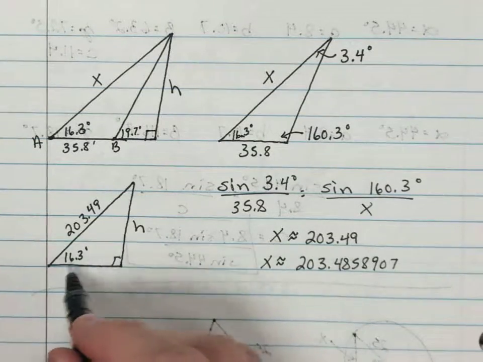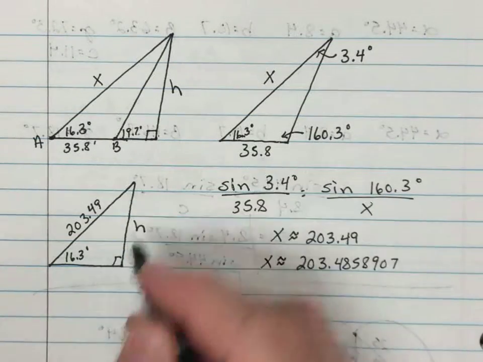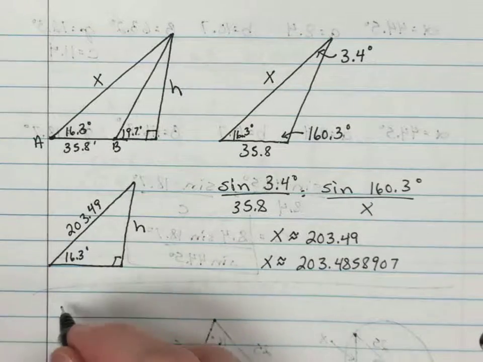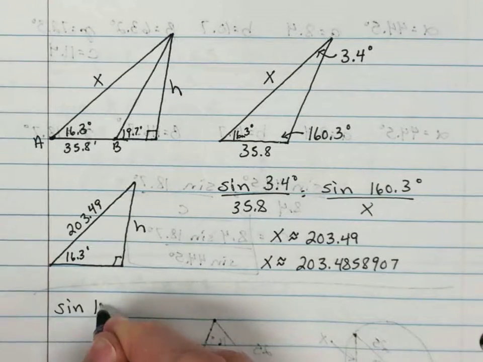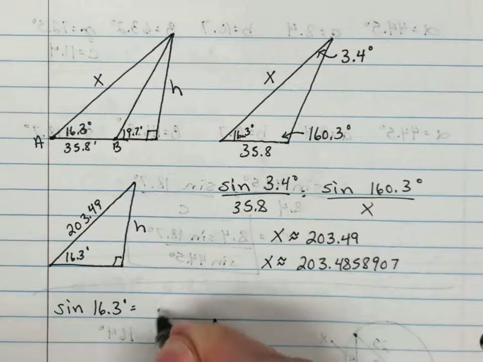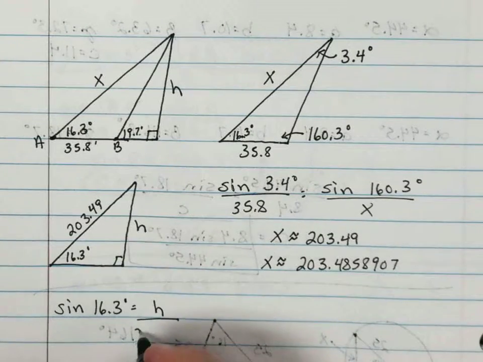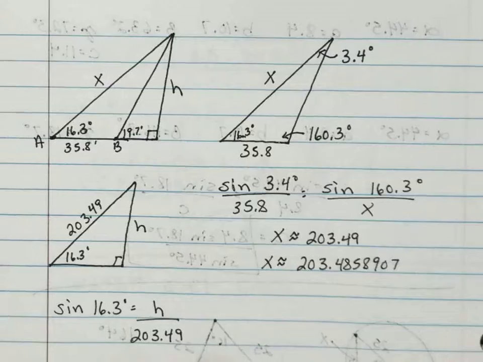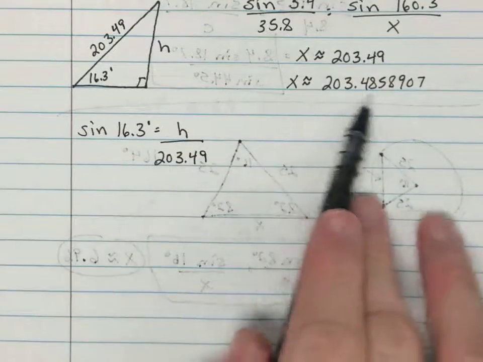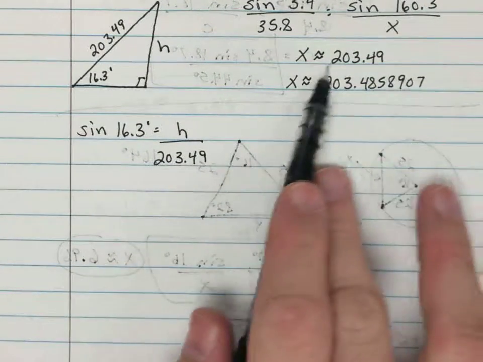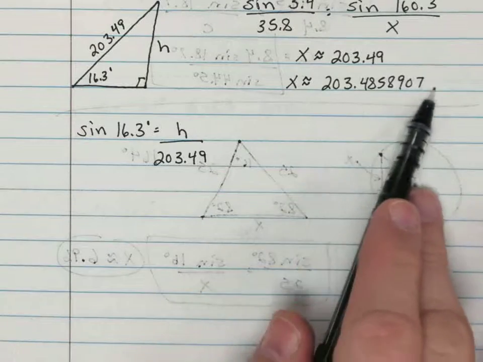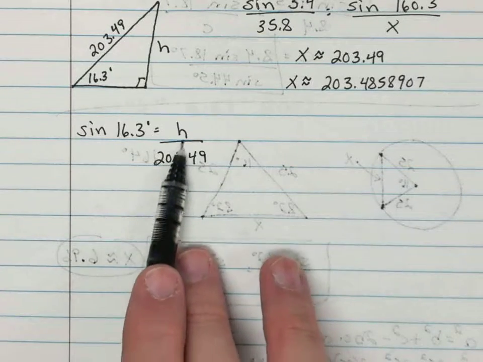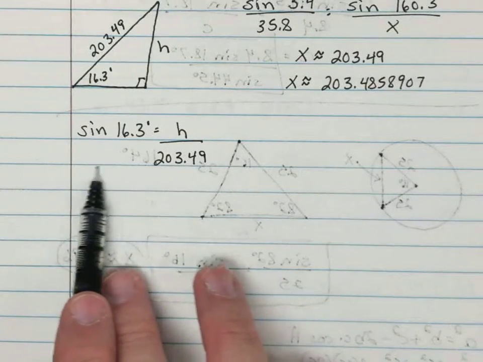Okay, so here we go. Basic SOHCAHTOA now. In order to find the height, since we have opposite and hypotenuse, you're going to say the sine of 16.3 equals opposite over hypotenuse. And hopefully you see now why I'm saying don't use the rounded. Use this more exact value in order to find h.